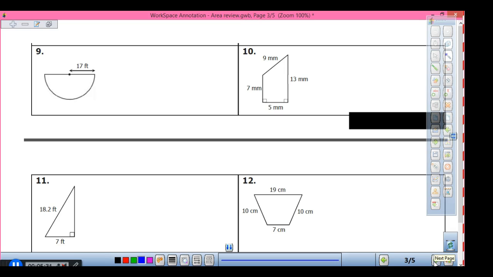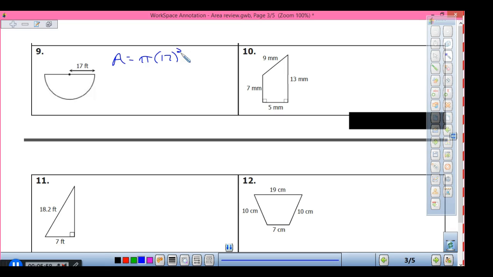How would I do number 9? No, not for area. For circumference, you would. 2 times pi times 17. That's going to give me a whole circle. But do I have a whole circle?